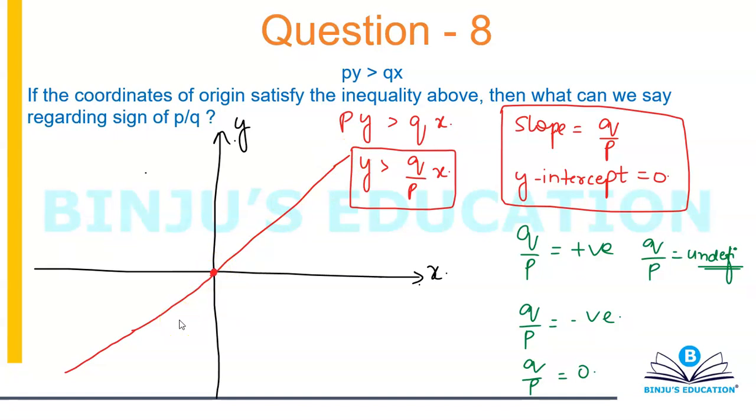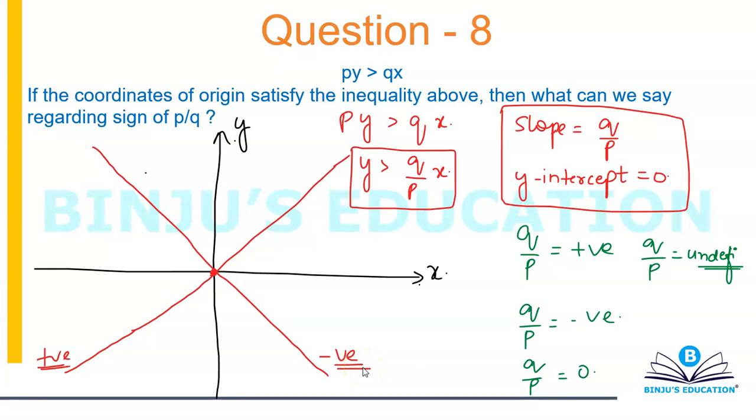Positive slope and intercept 0. If my slope is negative and the intercept is 0, then my line would change and become something like this. So this is positive, this is negative.